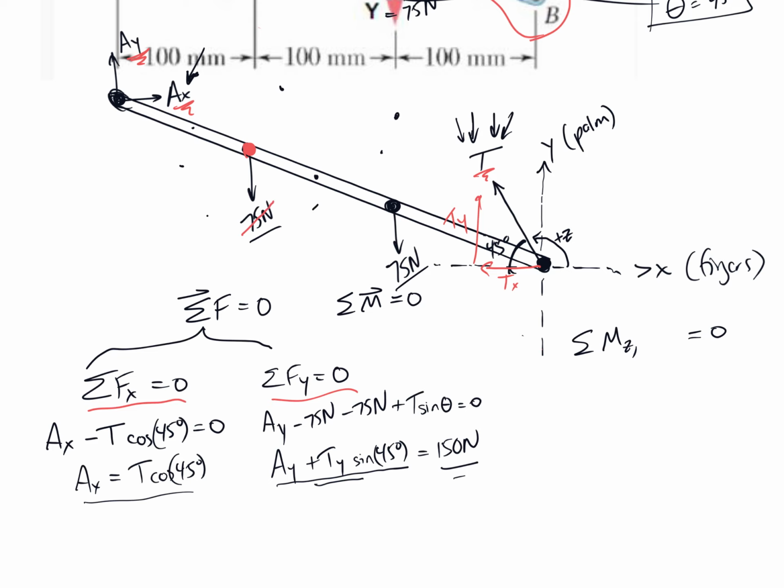However, this AX counts because it's going to end up right here, so that's its moment arm. This AY counts, so if I slide it down, it's got a moment arm right here, right? This 75 Newton, it's got a moment arm.